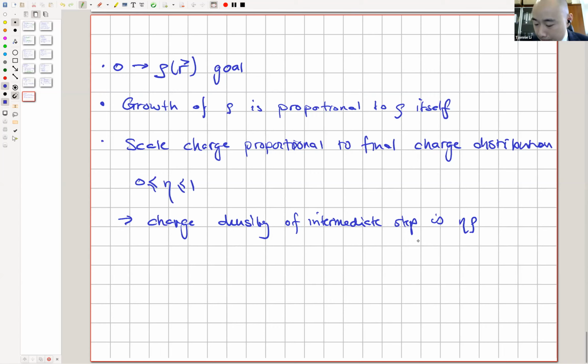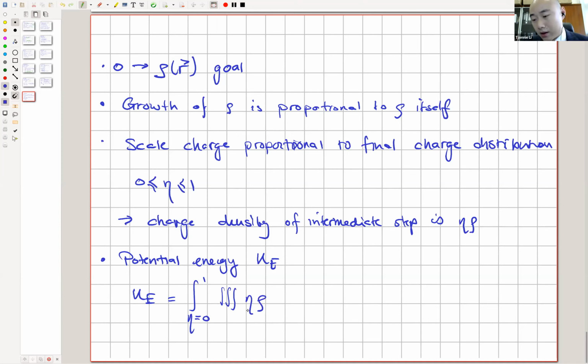In this case, the total potential energy U_E can then simply be given by an integral of eta from 0 to 1, and then a triple integral over the entire charge. The charge density is given by eta rho, and eta goes from 0 to 1.